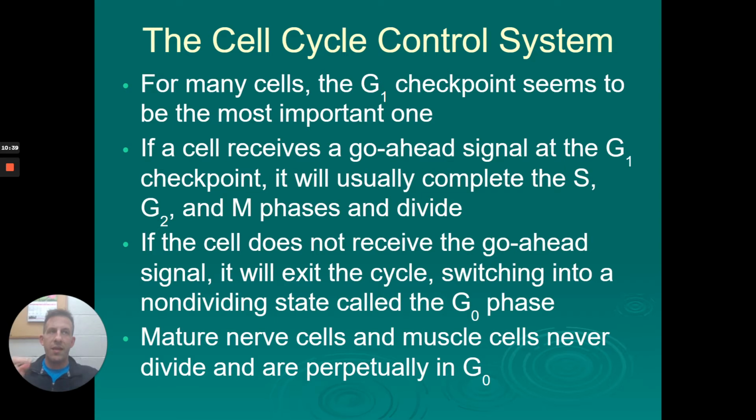So there is some evidence to state that mature nerve cells can maybe revert to a dividing state so that they can replicate again. As far as I know, there's not been any research done on muscle cells to say that they would then also start to divide again.